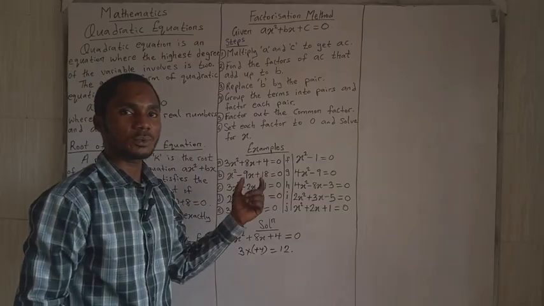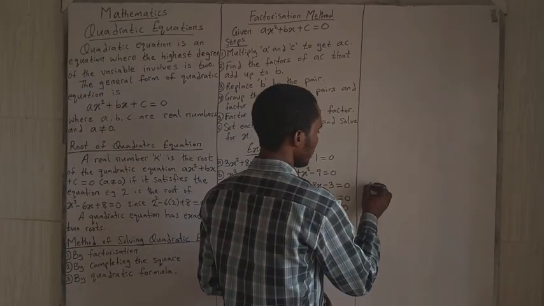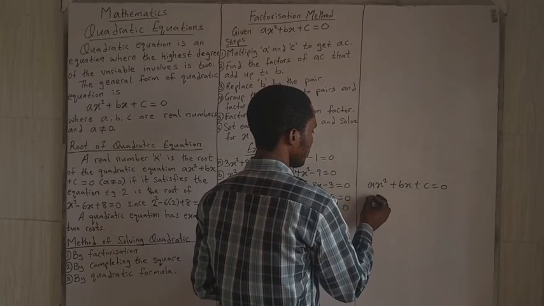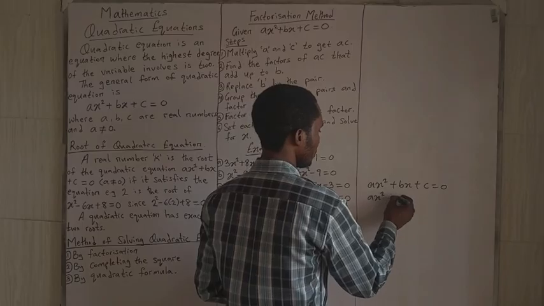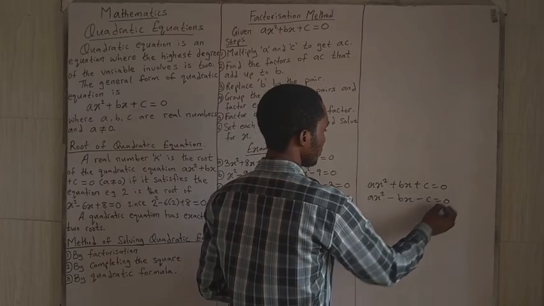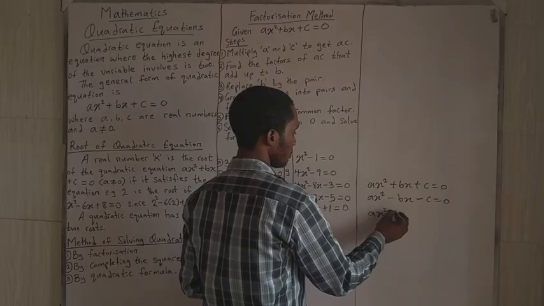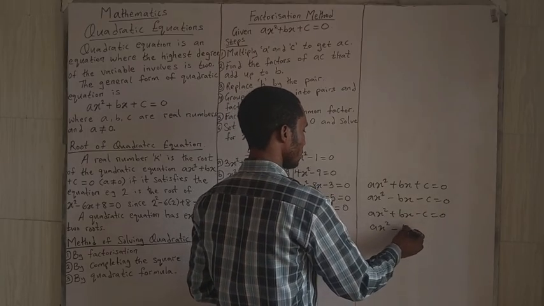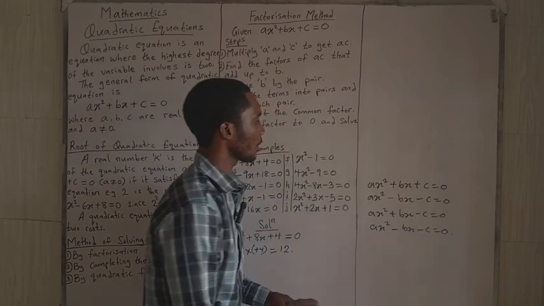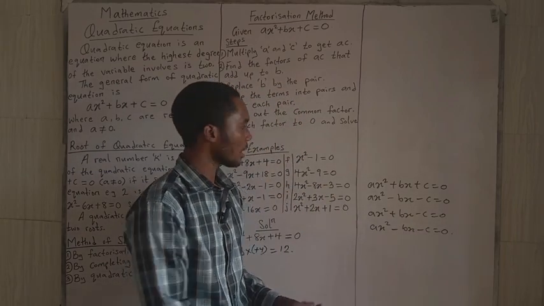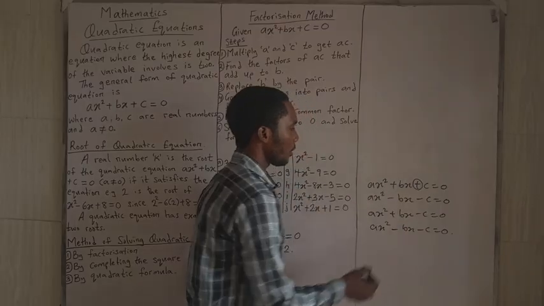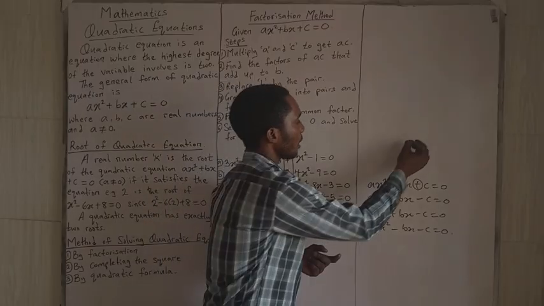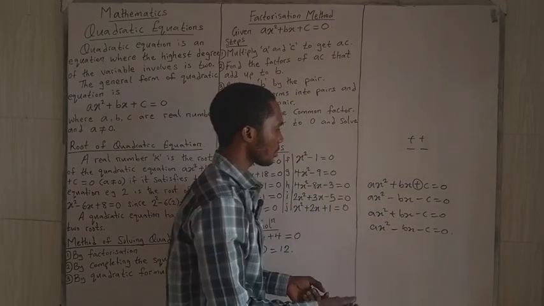Before we proceed to step 2, let's take note of this. If the constant is positive, that is, we have this to be plus, that means that the pair of factors will have the same sign, either plus plus or minus minus.